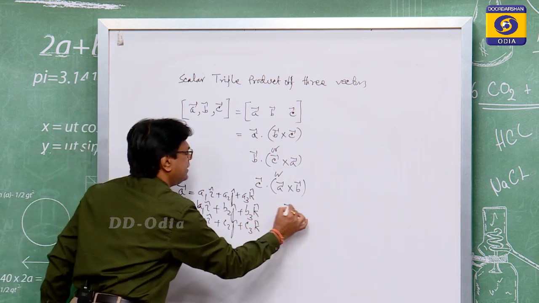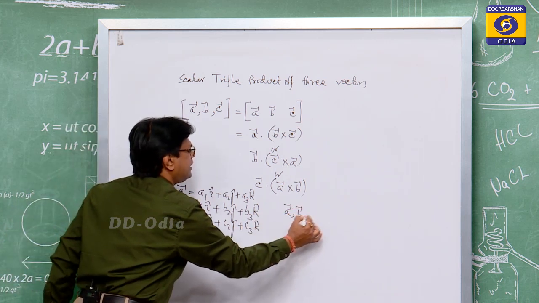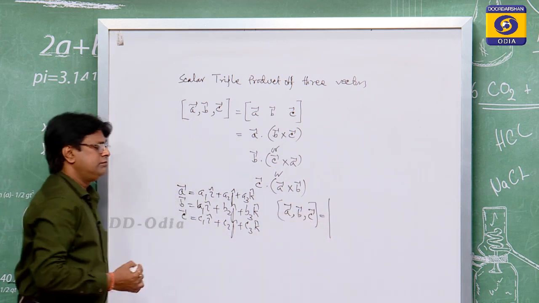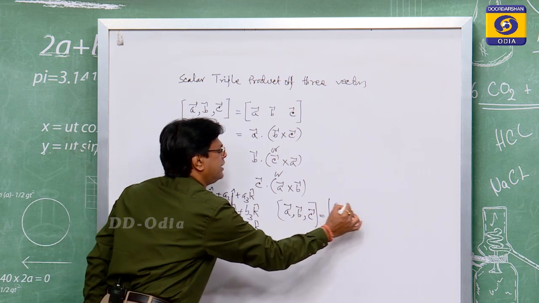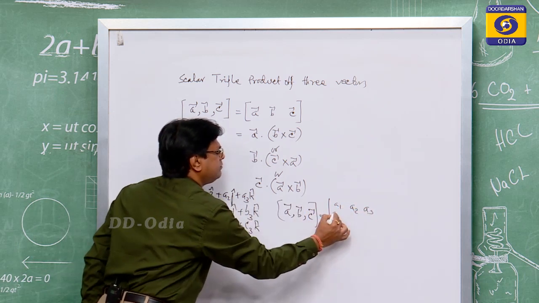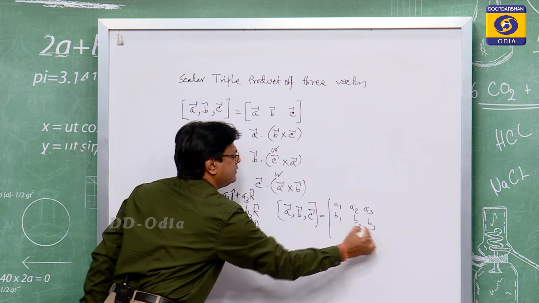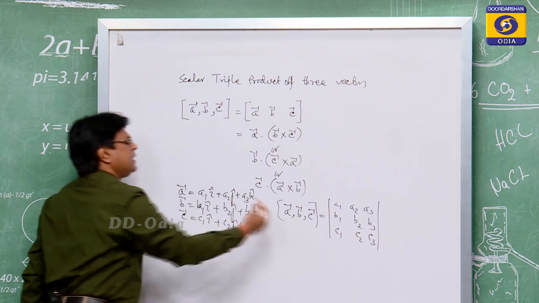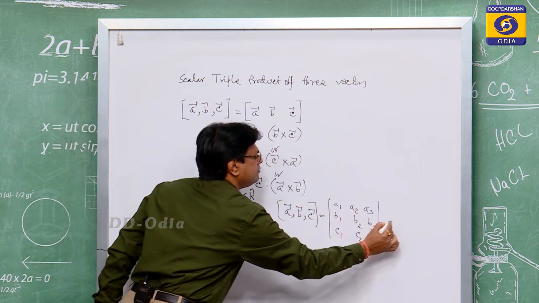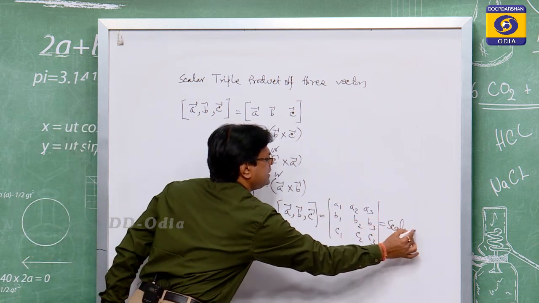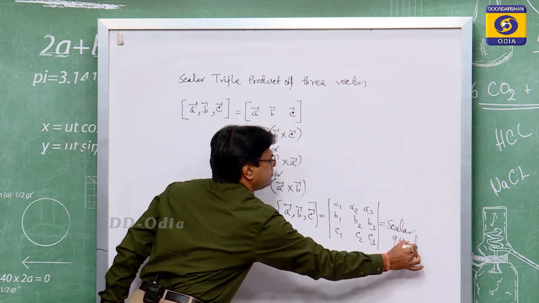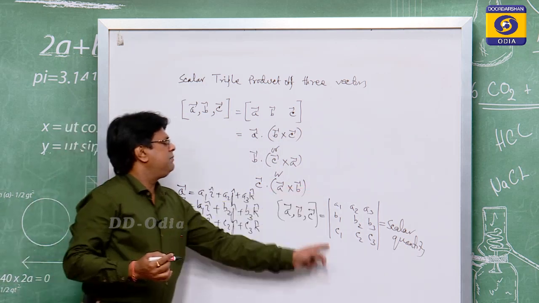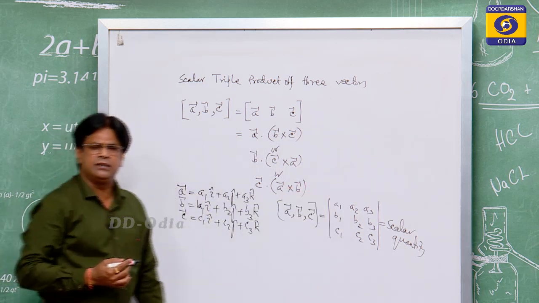Then can we say the scalar triple product of A, B, C is nothing but the determinant of the components only: A1, A2, A3, B1, B2, B3, C1, C2, C3. So, this is your scalar quantity. So, the scalar triple product is a scalar quantity. Okay. So, the scalar triple product can be determined by this determinant.